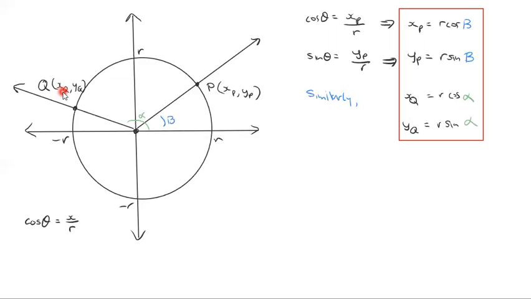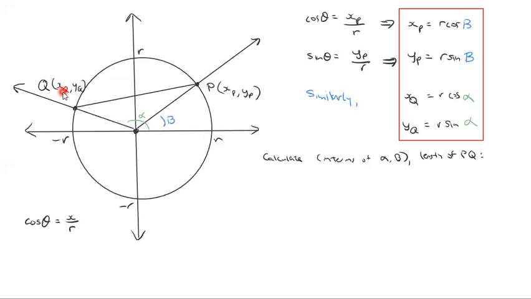Good. All right. Now, I can join up the line PQ, right? So my question is, I want you to calculate in terms of alpha and beta the distance, the length of PQ.